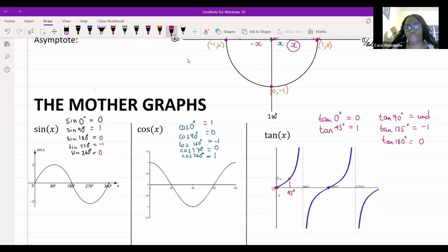Remember, in a hyperbola, you draw your hyperbola like this, and then there'd be a dotted line like this where my graph cannot cross. What do we call that line again? Who can remember? Bonus points for who can remember.